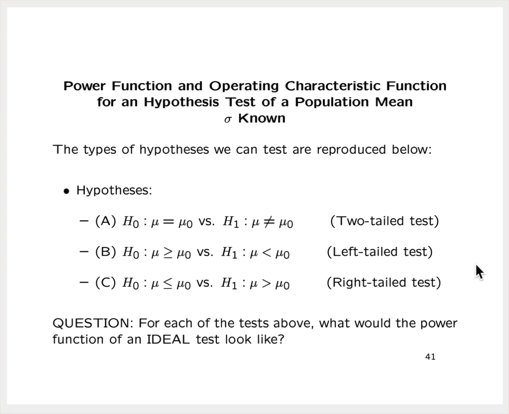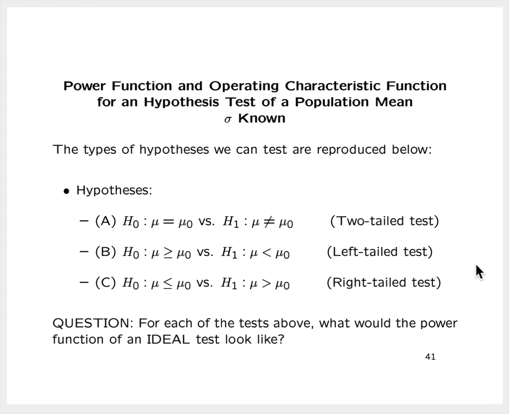So the three types of hypotheses that we can test are reproduced below from a previous slide. So we have hypotheses A, B, and C. So again, hypothesis A, this is our two-tailed test. Hypothesis B is a left-tailed test, and then hypothesis C is the right-tailed test.